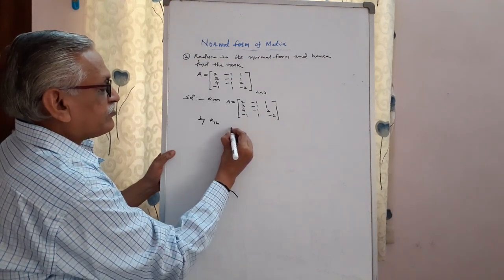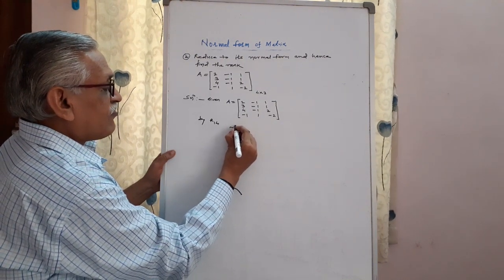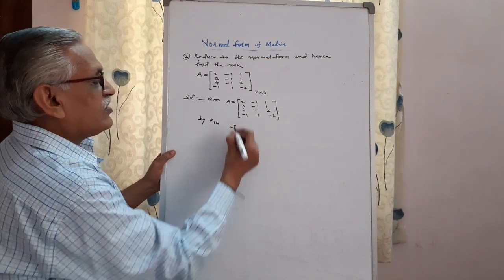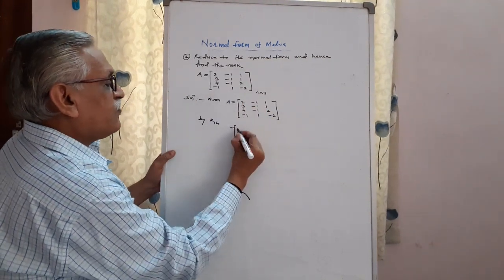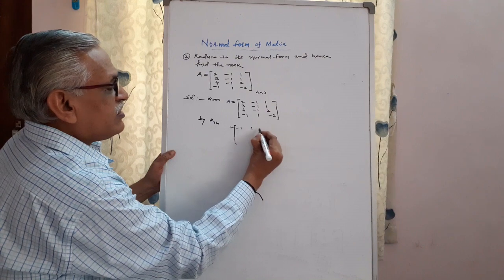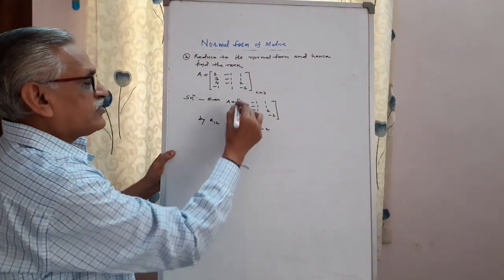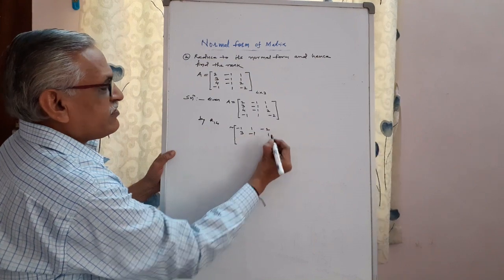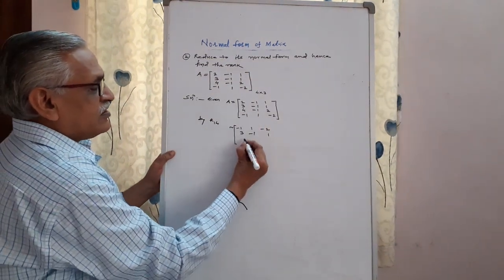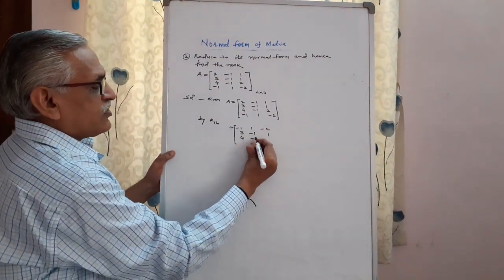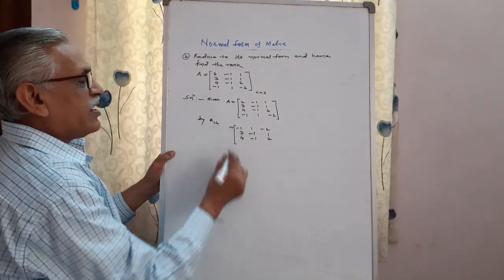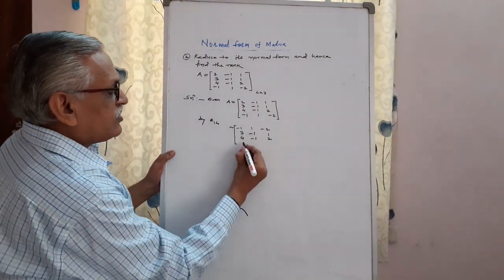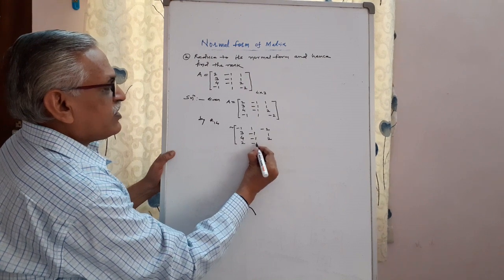We get the first row as -1, 1, -2; second and third rows with no change, 3, -1, 1, and 4, -1, 2; and the first row becomes the fourth, that is 2, -1, 1.